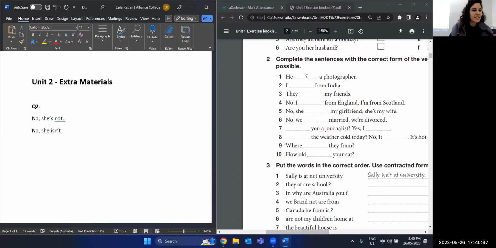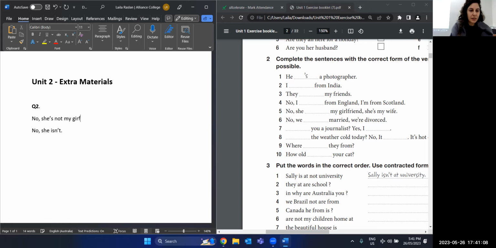The same, but I tend to use this one as a full stop here. So is she coming to the party? No, she isn't. But this is for when there's dot, dot, dot. Is she your girlfriend? No, she's not my girlfriend. She's my wife. No, she's not my girl. But they're both the same.